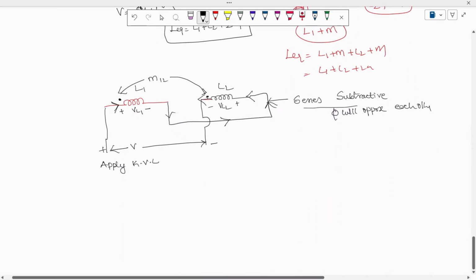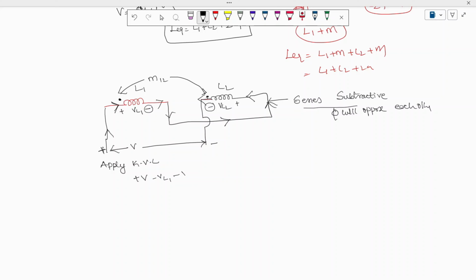When you apply KVL, the current is flowing, therefore this voltage I can write as plus V, and whenever the current is leaving, the leaving polarity is minus VL1. The current flows across this inductor, and the leaving polarity is minus VL2, equal to 0. The resultant voltage I can write as V equals VL1 plus VL2, the resultant KVL.